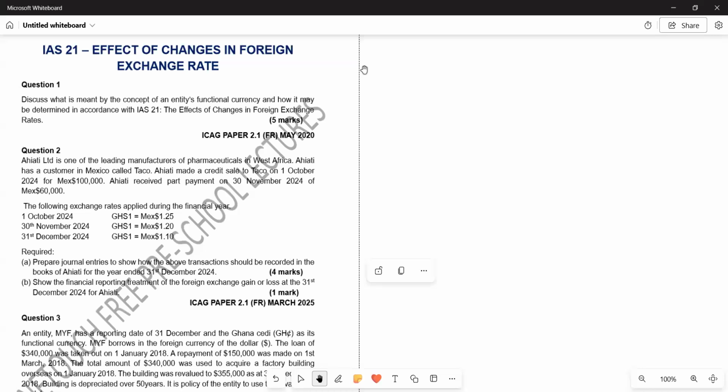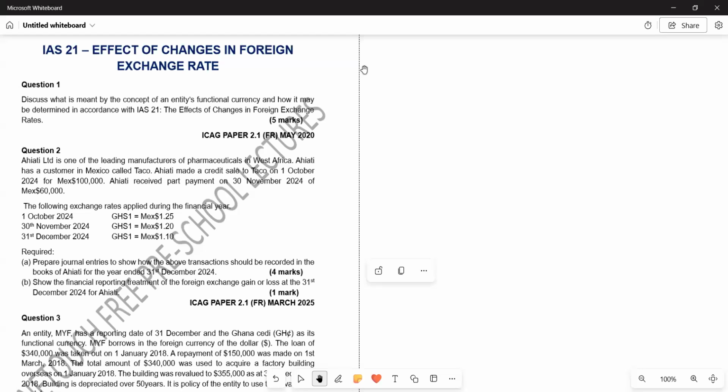Ahiati is one of the leading manufacturers of pharmaceuticals in West Africa. Ahiati has a customer in Mexico called Taco. Ahiati made a credit sale to Taco on 1st October 2024 for 100,000 Mexican dollars.